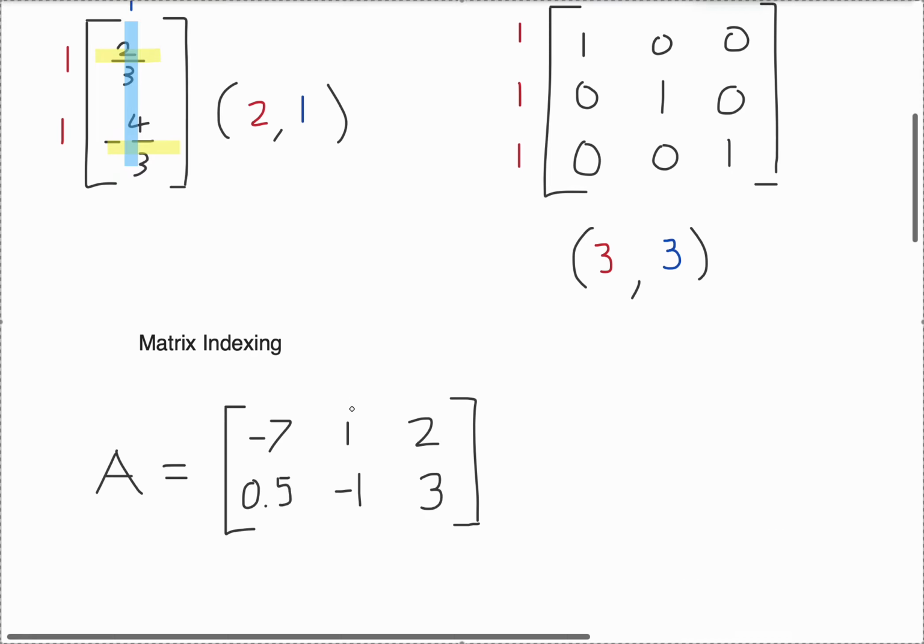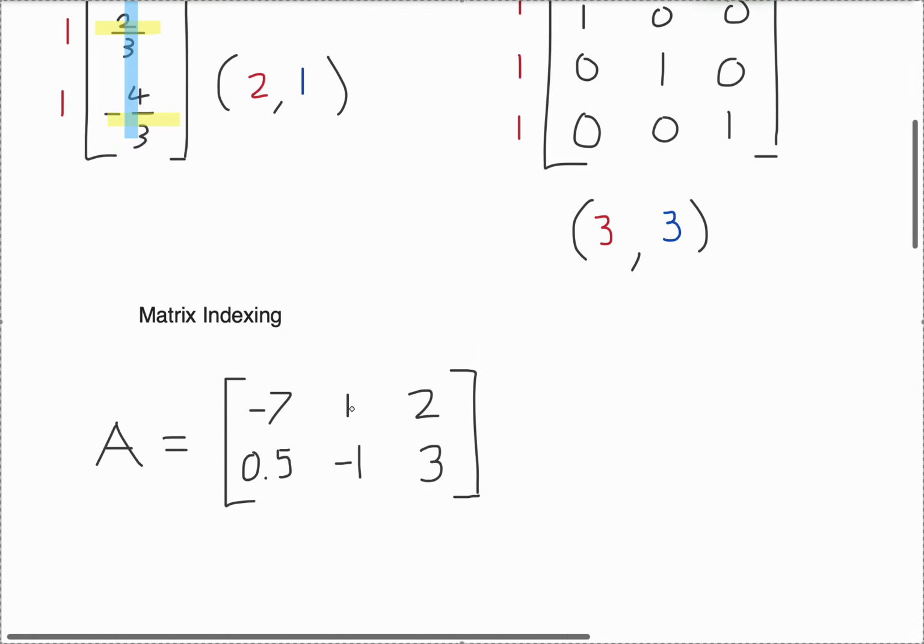Okay, so another important thing is indexing our matrices, okay? Indexing a matrix is describing the position of any one of these elements in a matrix using the row and column that it's in. So if I wanted to index this -1 here, I would say, well, it is in the second row, and it is in this second column.